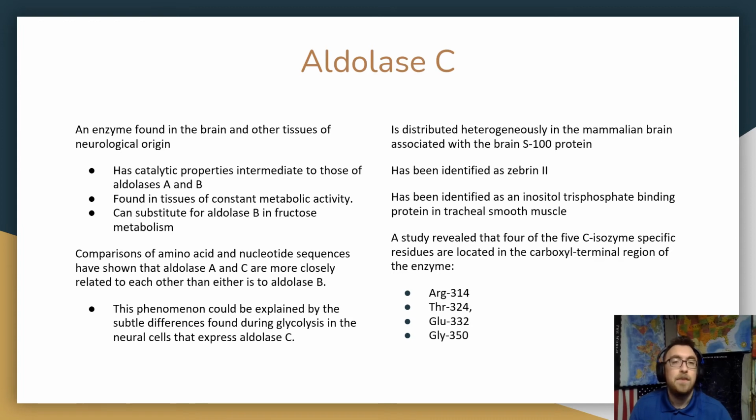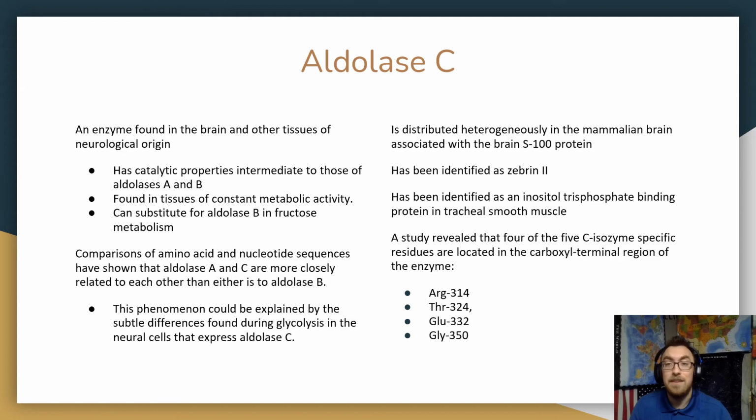This phenomenon could be explained by subtle differences in glycolysis in the neural cells that express aldolase C. Alternatively, minor structural differences could be essential for supramolecular associations particular to each isozyme, for example, aldolase A's actin binding property or aldolase C's S100 protein binding property.